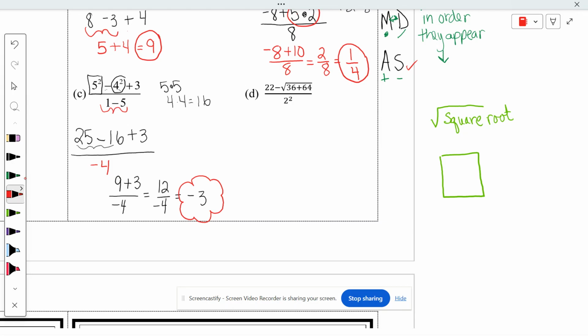So if I ask you for the square root of 16, here's how I want you to think about this. That just means that I have an area of a square that is equal to 16. Well, how did that square get an area of 16? It came from taking 4 times 4.